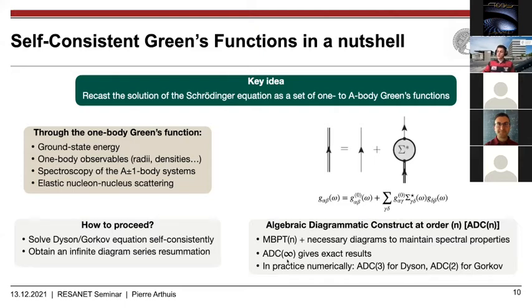Of course, if you go up to infinite order, which you can't do in practice, this would give you the exact result, because then you're exactly solving the Schrödinger equation. In practice, numerically, we have a code that is able to go up to ADC(3) in the symmetry conserving case, that is for doubly closed shell nuclei, and ADC(2) for the symmetry breaking open shell case.